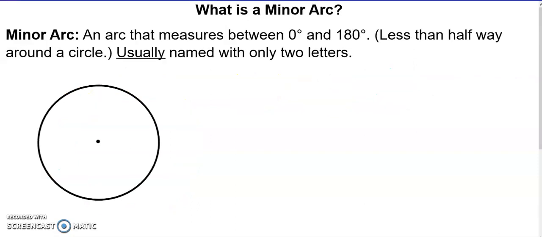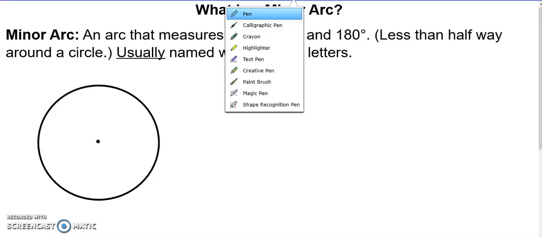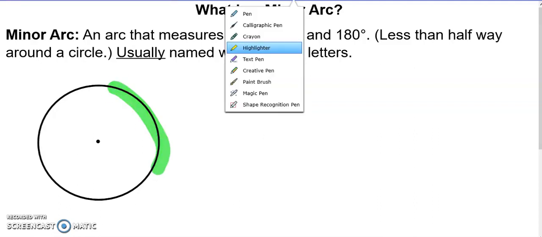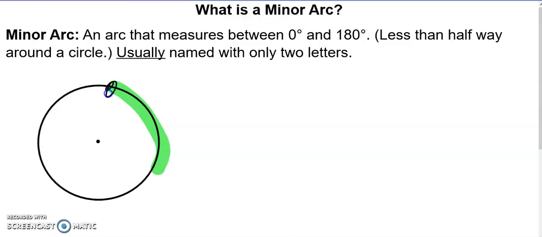Now, there are 3 types of arcs. The first one is called a minor arc. A minor arc is an arc that measures between 0 and 180 degrees. It is less than half of a circle. So this guy would be a minor arc. When we name it, we usually name an arc with 2 letters.